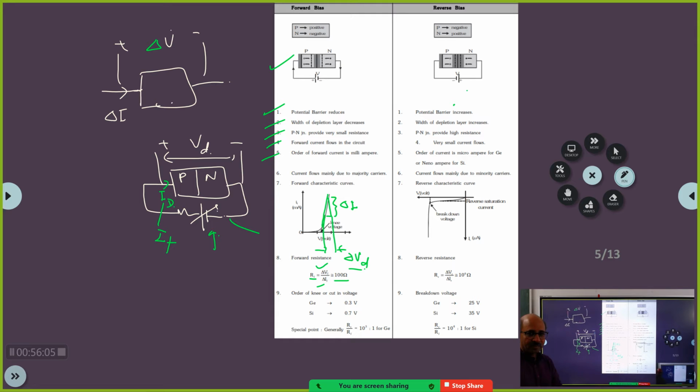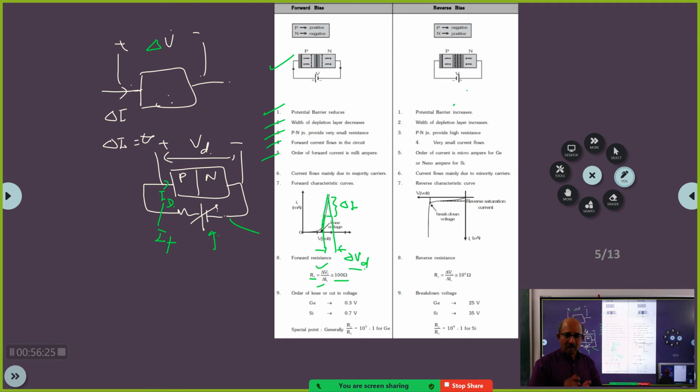Now, if you change the voltage and the change in the current is infinity, then that means this is offering no resistance.